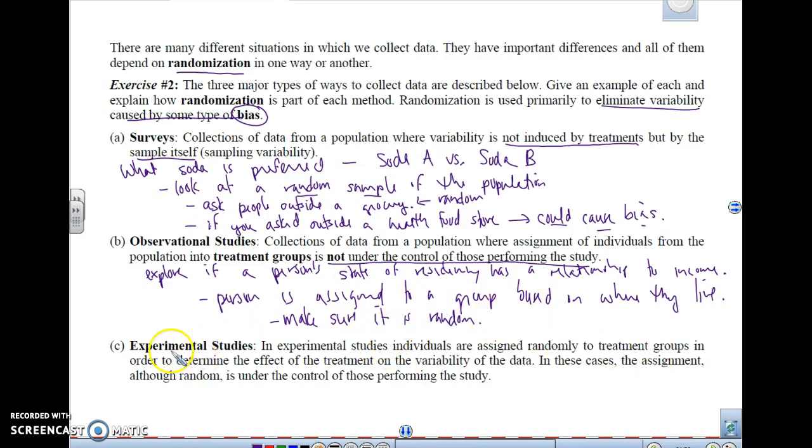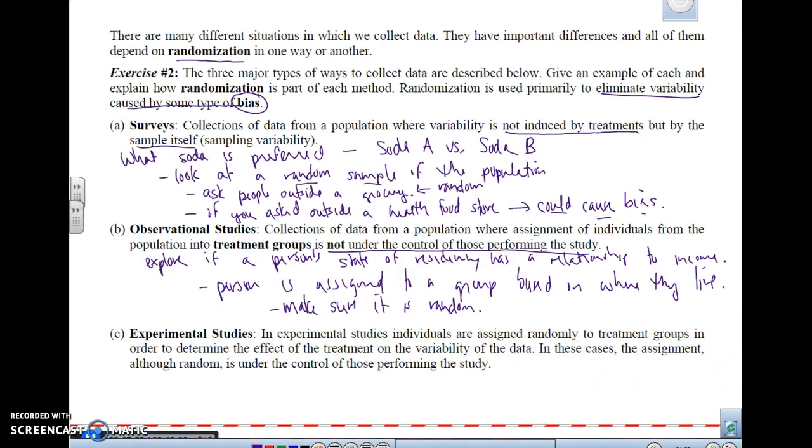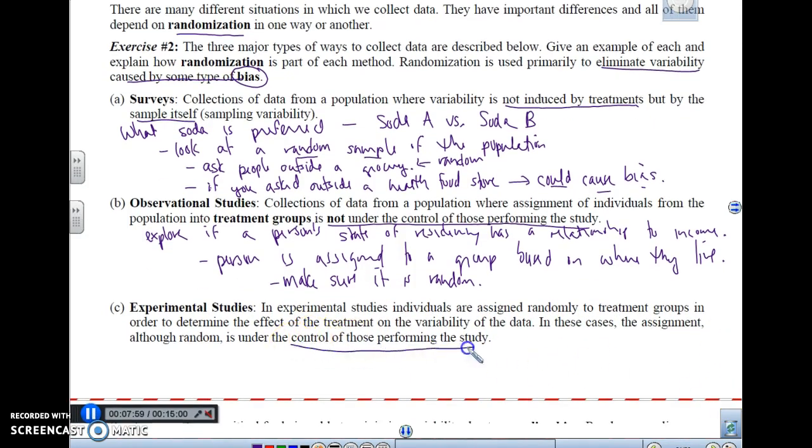And then the third one is experimental studies. In experimental studies, individuals are assigned randomly to treatment groups in order to determine the effect of the treatment on the variability of the data. In these cases, the assignment, although random, is under the control of those performing the study. So for example, you're making an experiment of seeds divided into two groups.